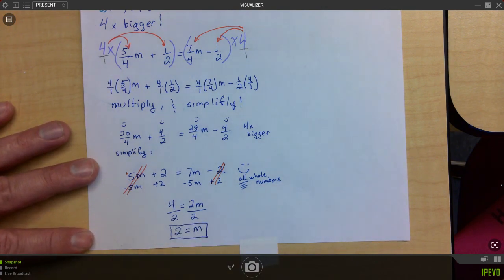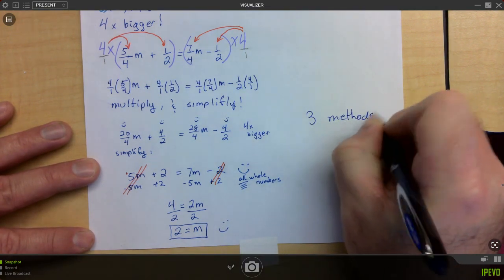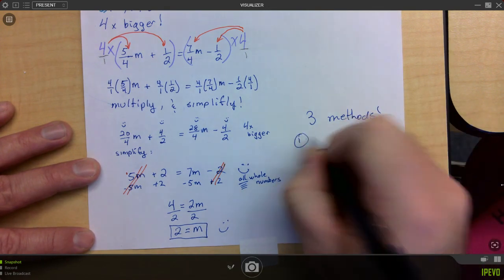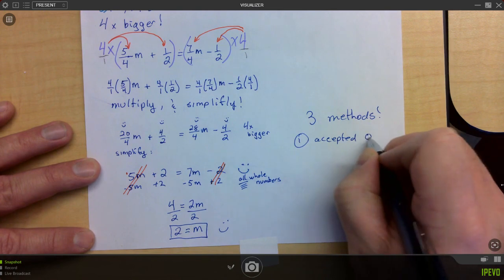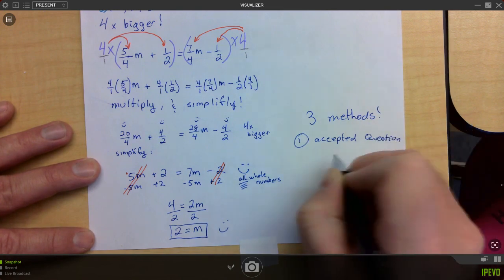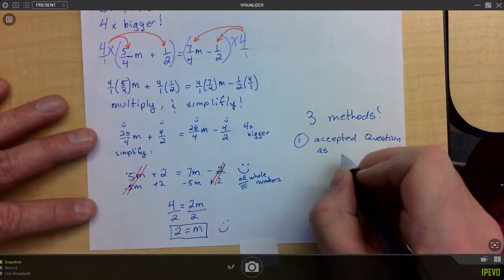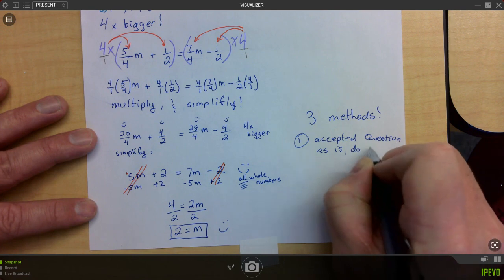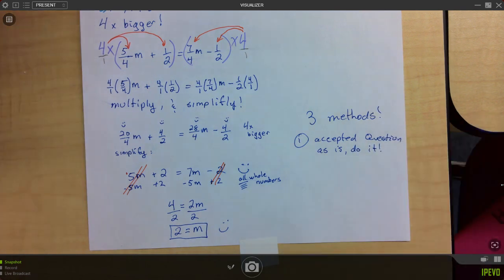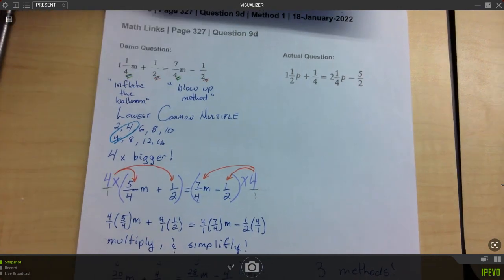Okay? So, good times. We did 3 methods. Number 1, we just accepted the question as is. In other words, we didn't alter it. We didn't do any shortcuts, tricks, hacks, whatever. I'm just going to deal with those fractions.